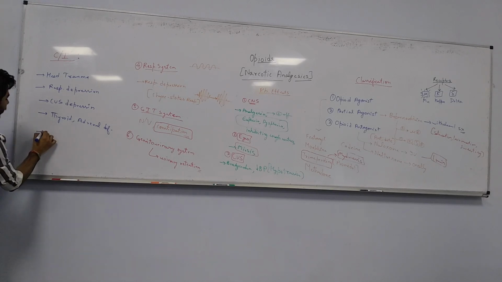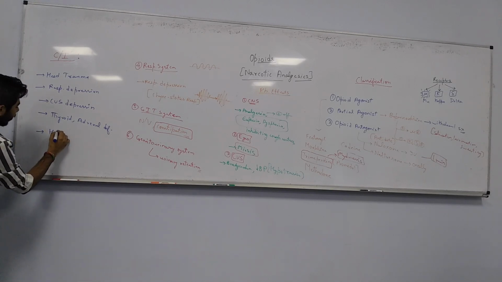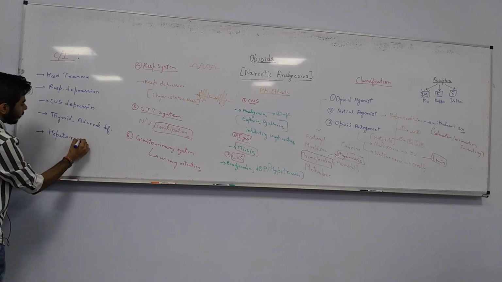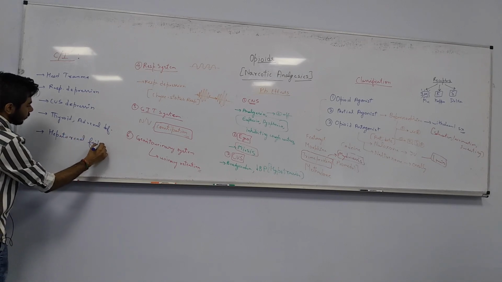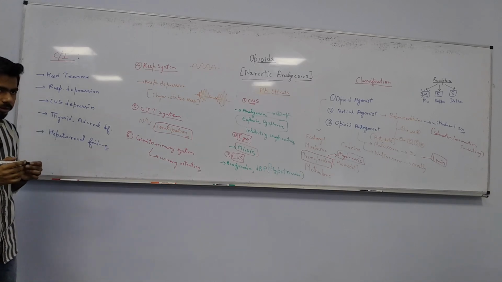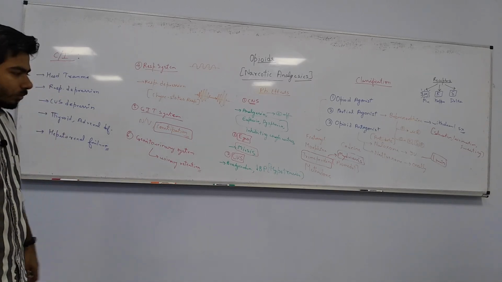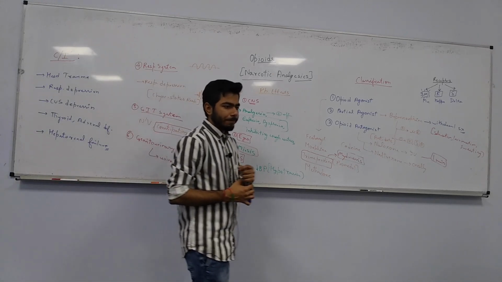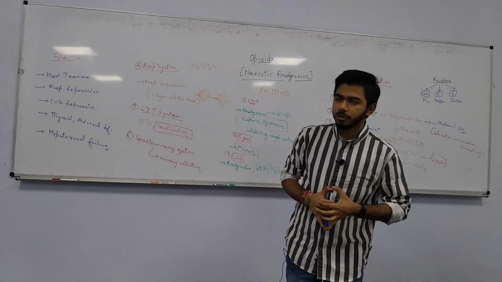The patients who have hepatic failure or renal failure, kidney or liver failure, these patients should not be given opioids in those cases. Okay, fine. So that was about the opioids.